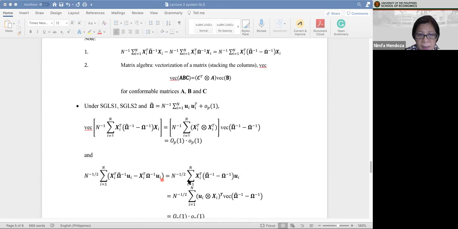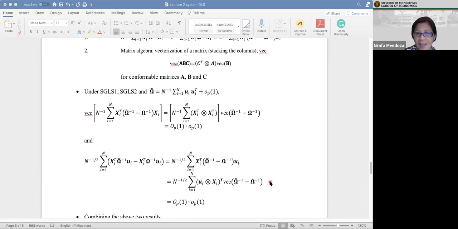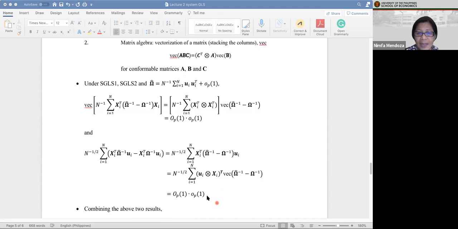So you can rewrite this left-hand side in this form: you factor out x sub i transpose and also u sub i. Then you get this expression, and then apply the vectorization, and you get this expression. Again, you get an expression that converges in probability to zero.